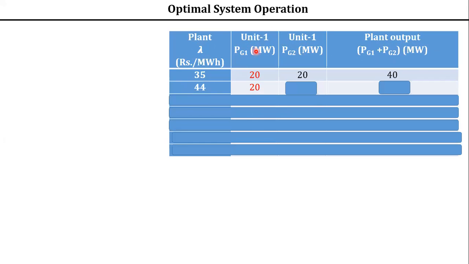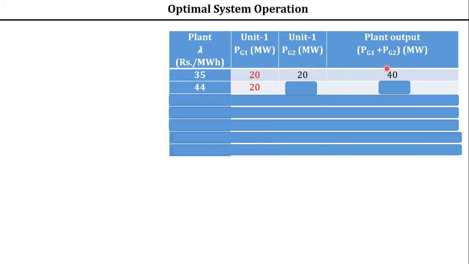unit 1 has got the highest incremental fuel cost. Therefore unit 1 you are going to fix at 20 megawatt. Clear? Unit 2 also will be at 20 megawatt, because at light loads, the lambda value we got is 35, so both should be operated at 20.